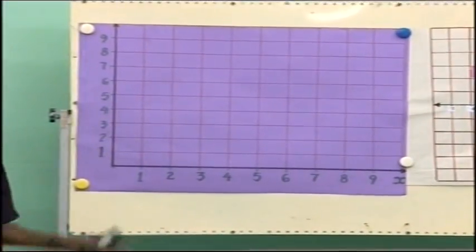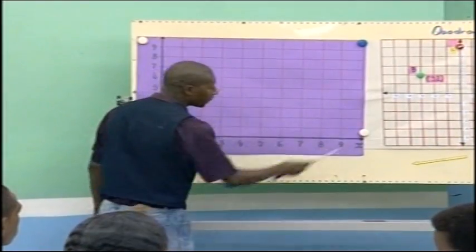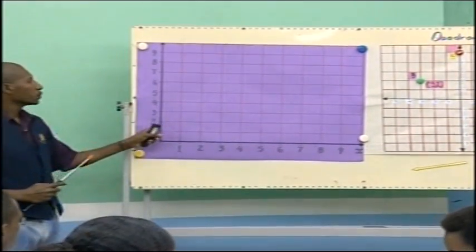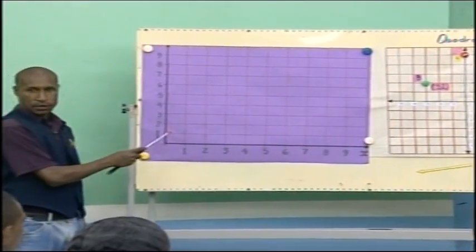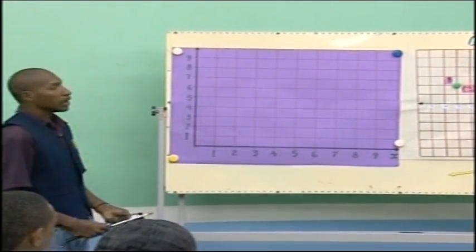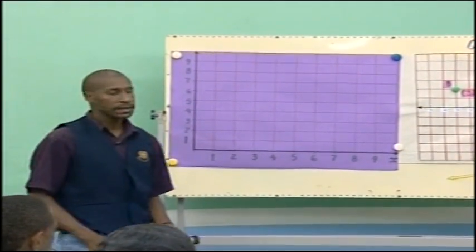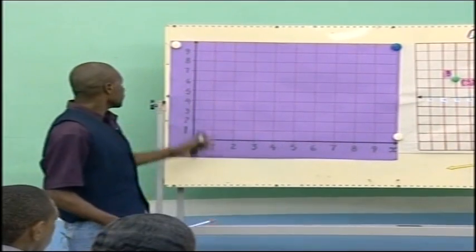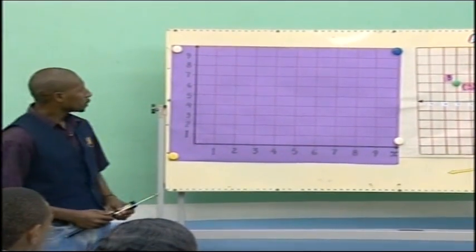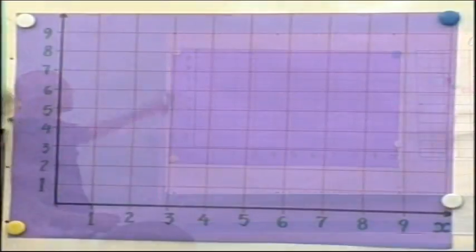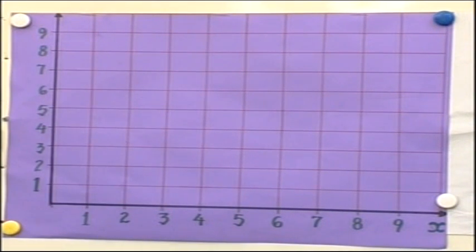In our previous lesson, we looked at this number plane to find the coordinates. Now, as a recapping lesson, students, I'd like you to tell me which of the lines is the y-axis and which line is the x-axis.